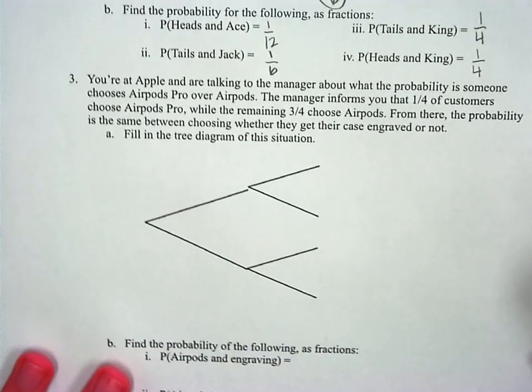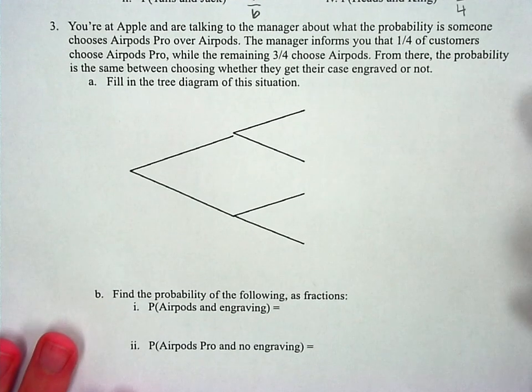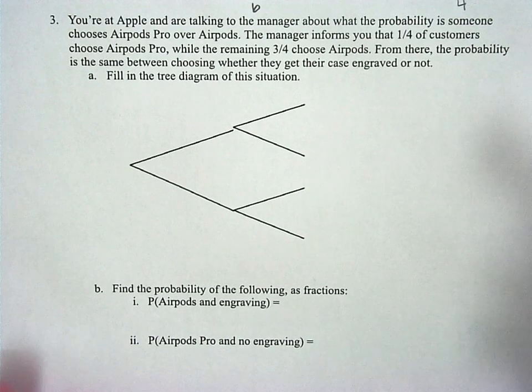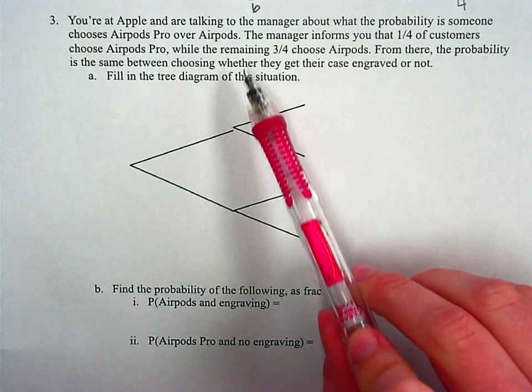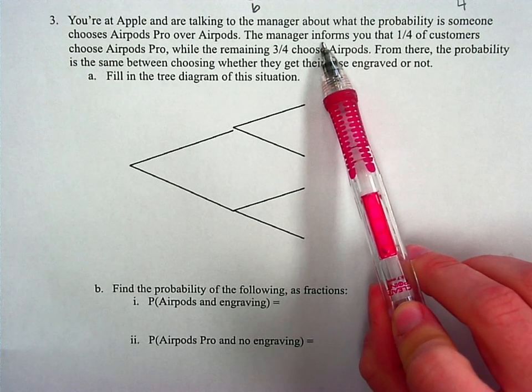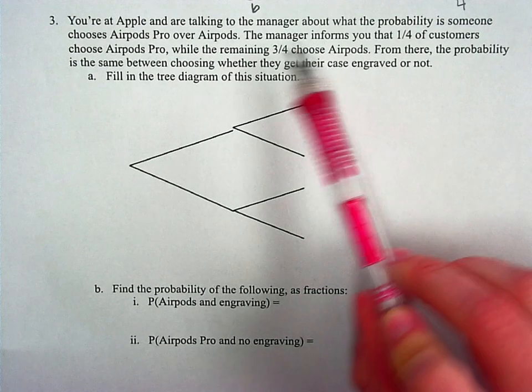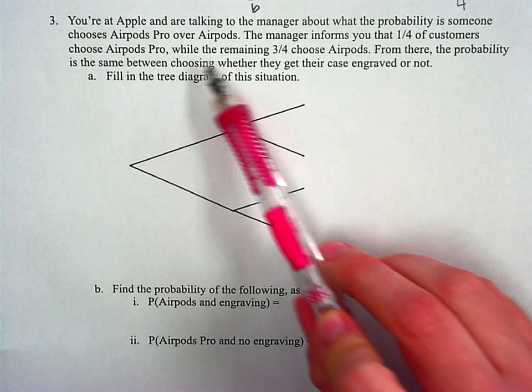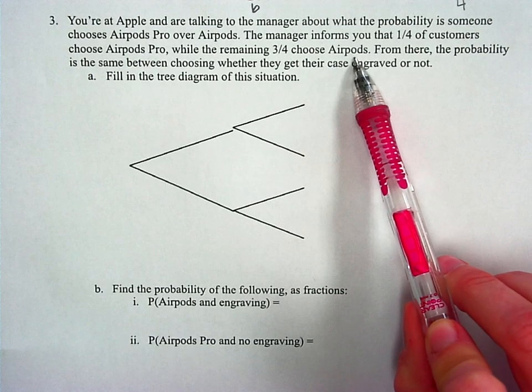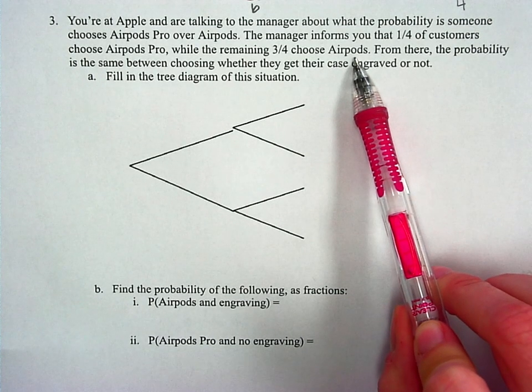Okay, so now it says that we're at Apple, the store, and we're talking about AirPods versus AirPods Pro. Okay, so it looks like the manager tells you that 1/4 of the customers choose AirPods Pro, while the remaining 3/4 choose just normal AirPods.